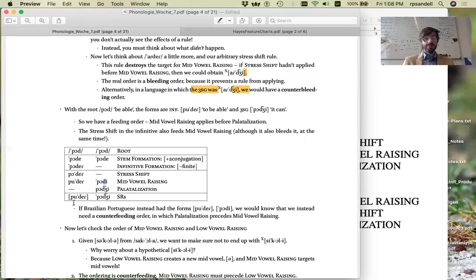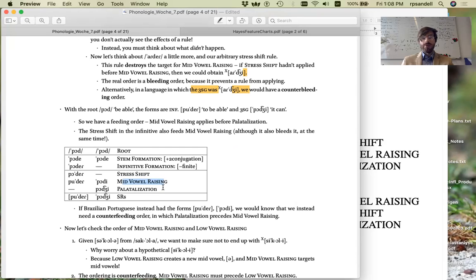preceding a vowel e. So the results then are the forms puder, to which mid-vowel raising has applied, and pode, to which both mid-vowel raising and palatalization had applied. If instead we imagine that the forms were puder, as actually exists, and pode without palatalization, as we already mentioned, we would know that the interaction between palatalization and mid-vowel raising would be an interaction of counterfeeding.